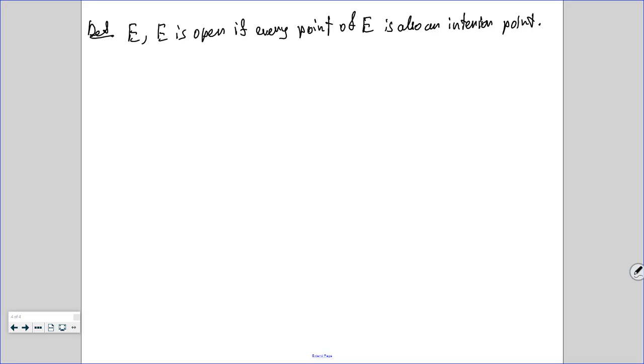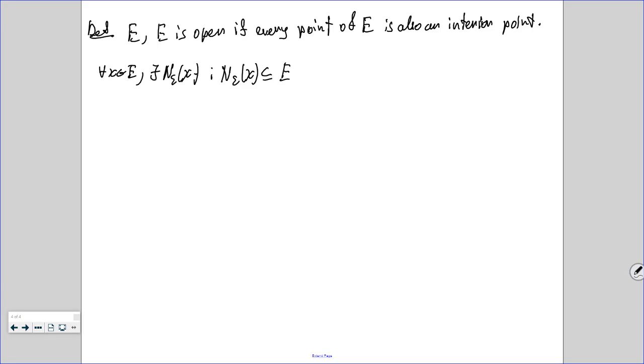In other words, if for all points x in E there exists some neighborhood such that the neighborhood is inside E. From here it's immediate that an open set cannot contain any of its boundary points.